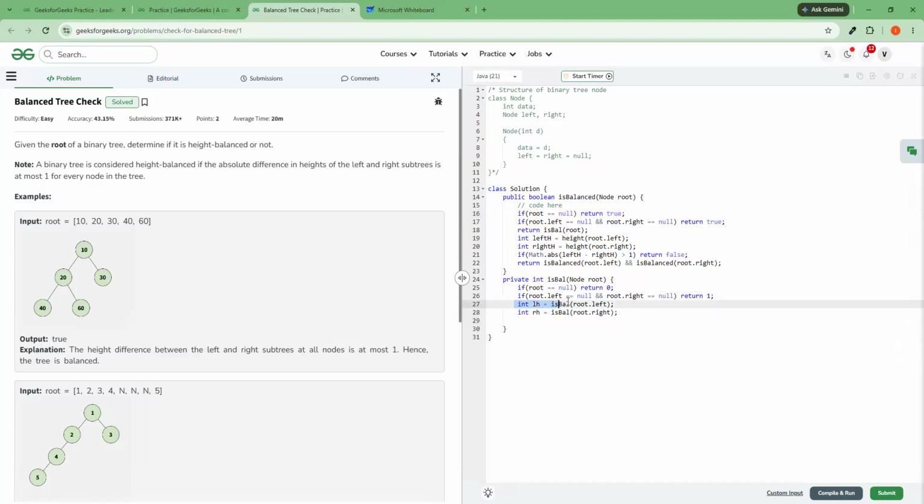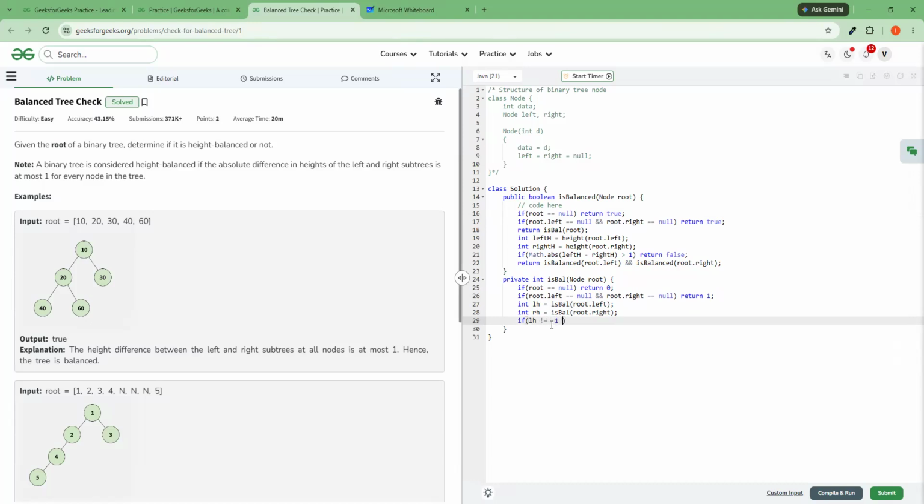So if the left height and right height are calculated, that is isBalanced of root.left and root.right, we will check whether the left subtree is balanced and the right subtree is also balanced. Consider I am checking if left height is not equal to -1.